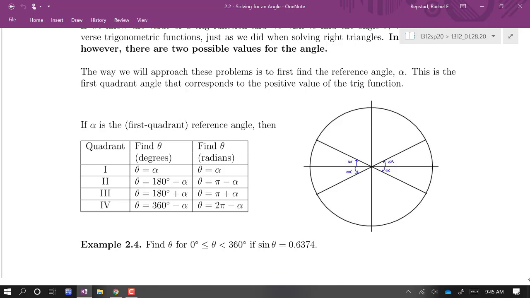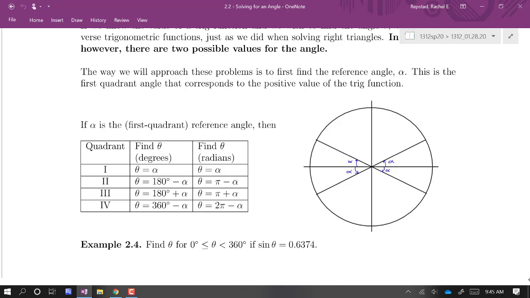So if my reference angle is alpha, then this is the angle 180 minus alpha if I'm in degrees. Just think about going 180 degrees and then back up by alpha degrees. If I'm in radians, I substitute pi radians minus alpha radians.